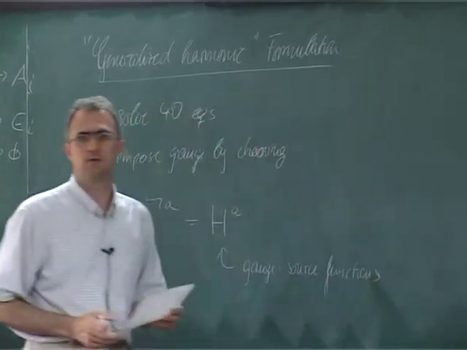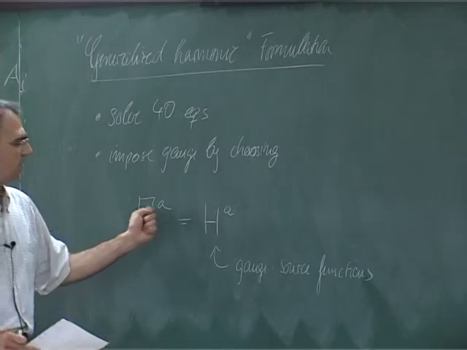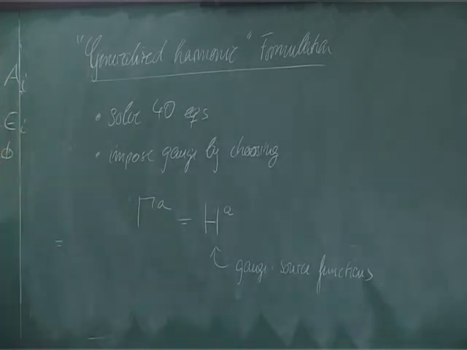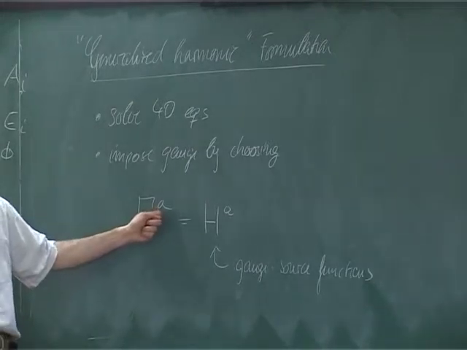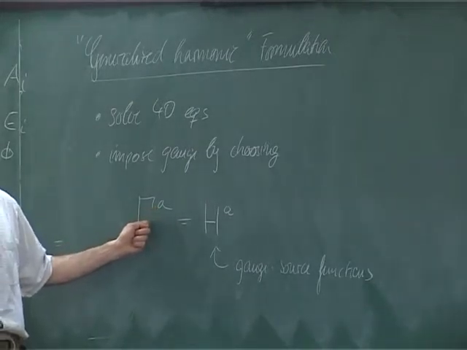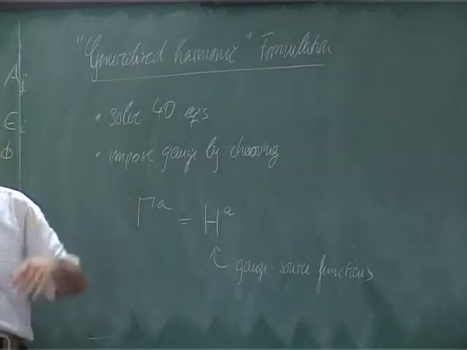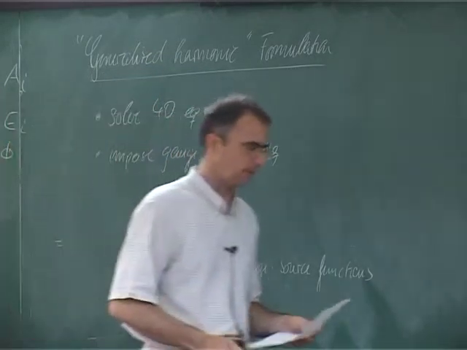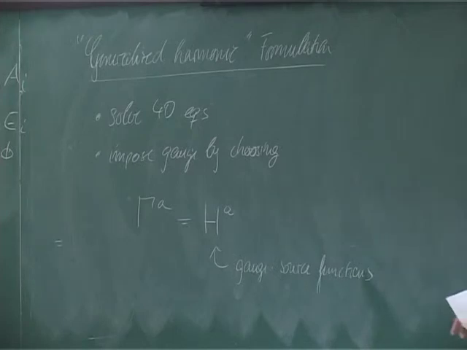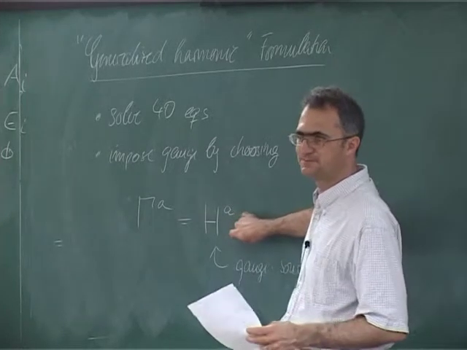So you use up your fourfold coordinate freedom to impose conditions on the four components of these gammas. That is at the core of generalized harmonic coordinates. There's a special case where you choose H equals 0.